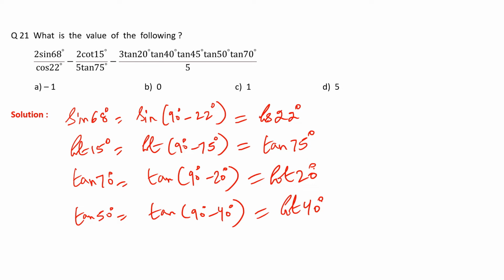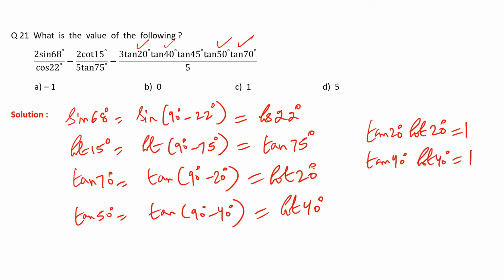So tan 20 degree and tan 70 degree, when they get multiplied, it becomes tan 20 degree into cot 20 degree, which is nothing but 1. Fine. Similarly, tan 40 degree into tan 50 degree is nothing but tan 40 degree into cot 40 degree. That is also 1. And we already know that the value of tan 45 degree is just 1.